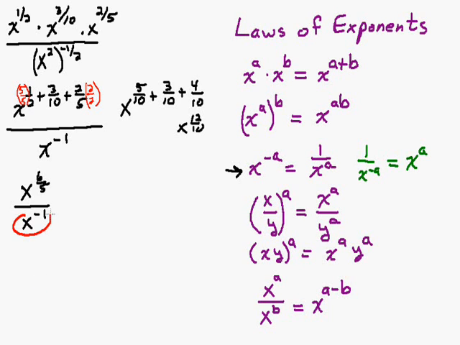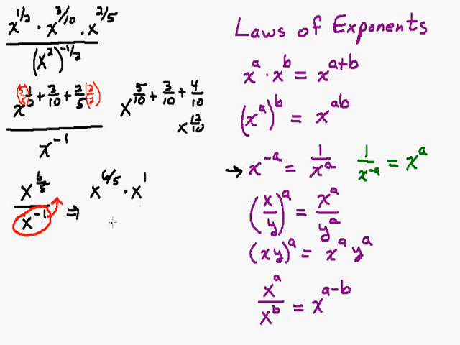So one way I could look at it is, I'm going to take this negative exponent. Negative exponent means reciprocal. Since it's already in the denominator, the reciprocal would move it to the numerator. So that would give me x to the 6/5 times x to the first. When you take the reciprocal, you change it to a positive exponent.